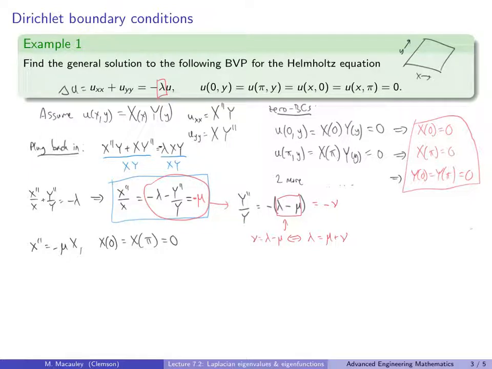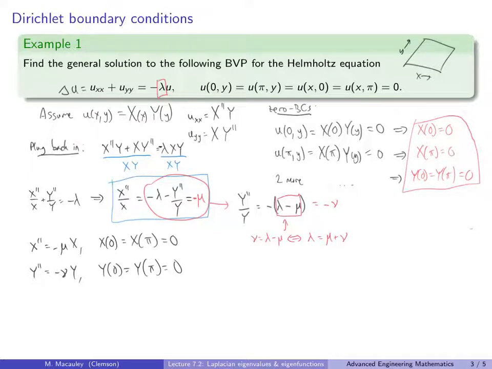So this is Greek for m and n. Okay, so now we have a second ODE. Y double prime over y equals negative nu. Now we didn't need to do this. We could have had two constants here. It's just easier to call it something else. So now we have y double prime equals negative nu times y, and we have y of 0 equals y of pi equals 0, these boundary conditions right here.